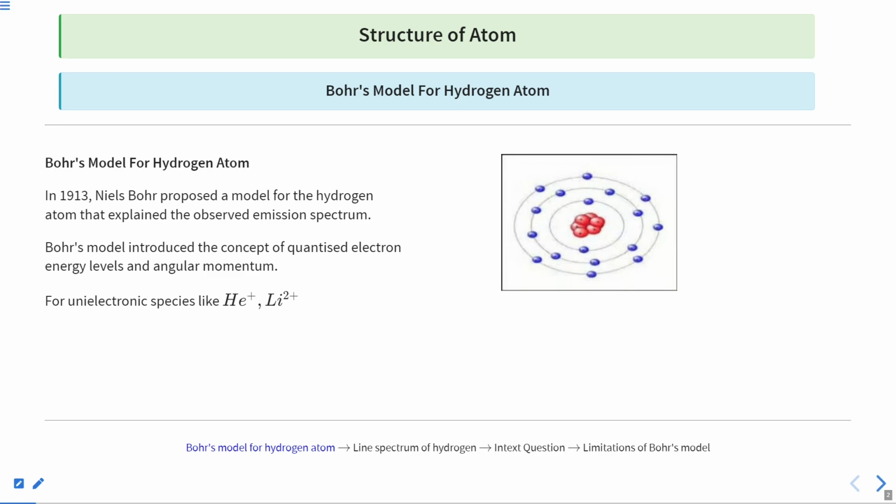Now, talking about hydrogen-like species, we have many other atoms which come under this category. Suppose we have a helium atom. We remove one electron from the shell and we get He+. Now He+ again has one electron, so it is also included in hydrogen-like species. We can move to one more higher atomic number, that is lithium.